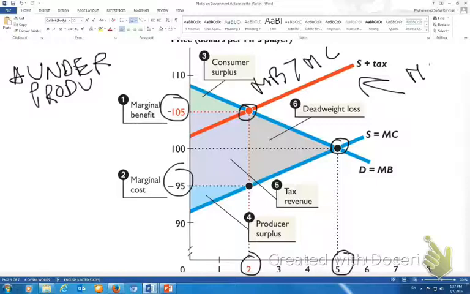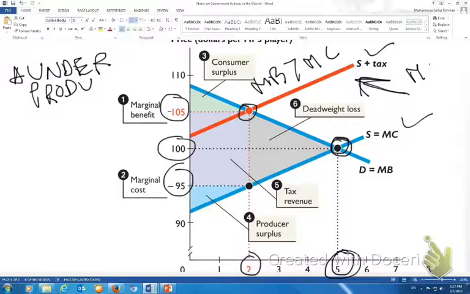So why do we have underproduction? Just to remind ourselves again, the original market equilibrium was at the situation where the original demand and original supply curve intersected. Equilibrium price was 5, equilibrium quantity was 10. Now the government thinks about imposing a $10 tax on our producer. This is just like an increase in tax for our producer or seller. It causes a leftward shift of the supply curve by the exact amount of the tax the supplier pays. So the vertical distance between the new supply curve and the old supply curve is $10.